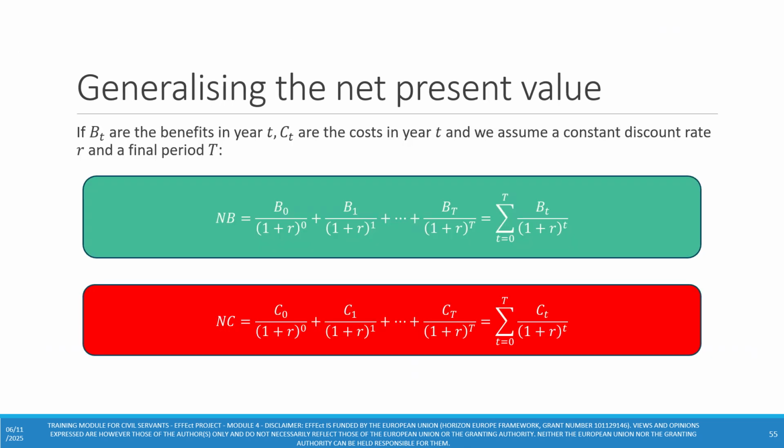If we note B_t the benefits in year t, C_t the costs in year t, and if we assume a constant discount rate r and a final period capital T, we can define the net benefits as the sum from t equals 0 to capital T, B_t over (1 plus r) to the power of t, whereas the net costs are given by the sum from t equals 0 to capital T, C_t over (1 plus r) to the power of t.